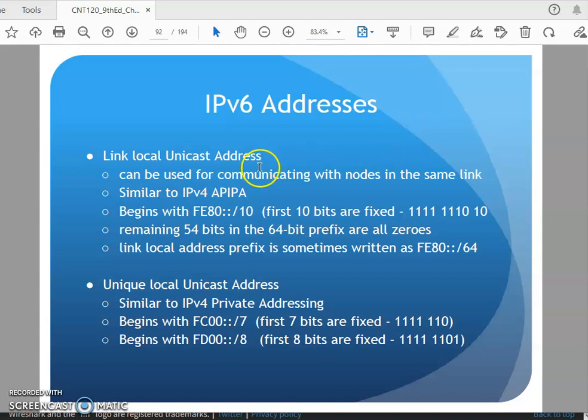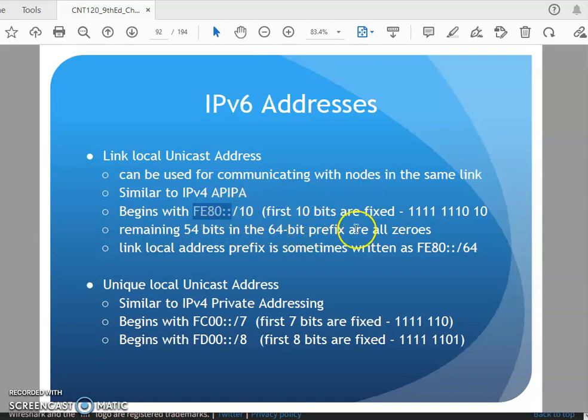The link local unicast and unique local unicast are addresses that are similar but slightly different. So if I take a look here, the link local unicast is similar to our PIPA, automatically privately assigned IP addressing, in IP version 4. This begins with FE80, and the /10 indicates the first 10 bits.